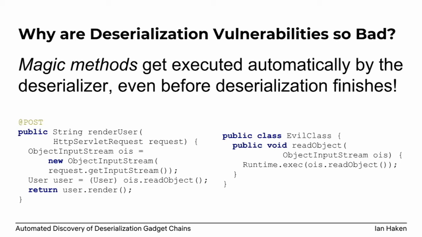And the thing about this readObject method that's so critical is that it gets executed before this readObject call ever returns on the left-hand side. So it doesn't matter that this evil class can't be cast to a user because this magic method gets invoked before that ever returns.